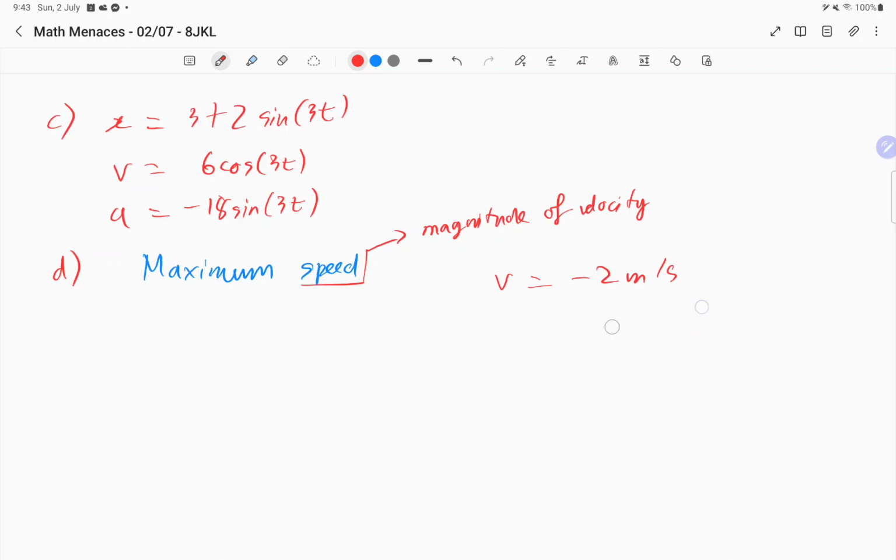Now, maximum speed means even if you're going in this direction or this direction, it doesn't matter which direction, but what's the biggest number that you see. Imagine you in your car, and in the dial your needle is here. When your velocity increases, it moves slowly to the right.